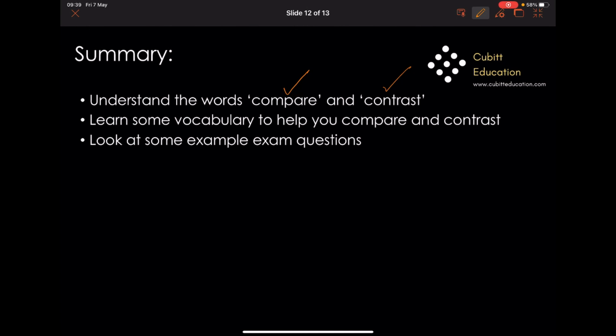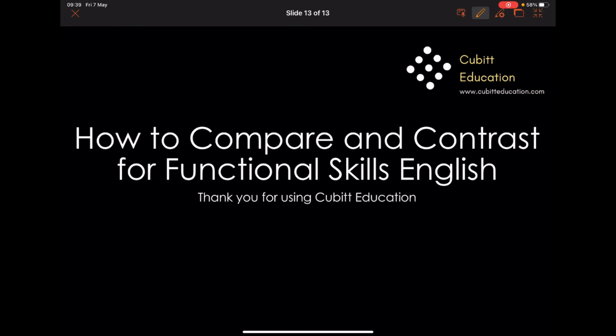We went through a little bit of vocabulary on how to compare and contrast, such as saying words like whereas, however, both, but. And we've looked at some example exam questions. So I really hope you enjoyed that lecture, and I hope it's helped you understand how to compare and contrast in your functional skills English exams.